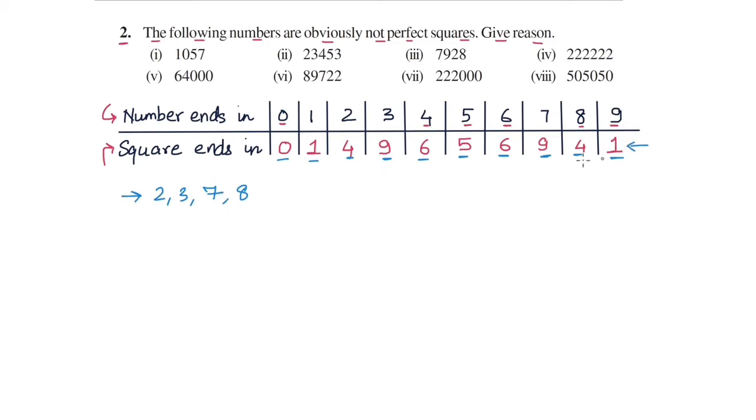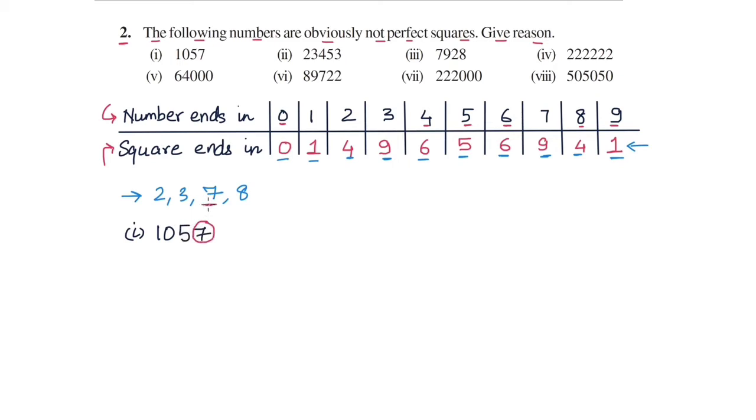So this table and this observation we can apply in our present question. For 1057, just check its unit digit, or the ending number. So 7.